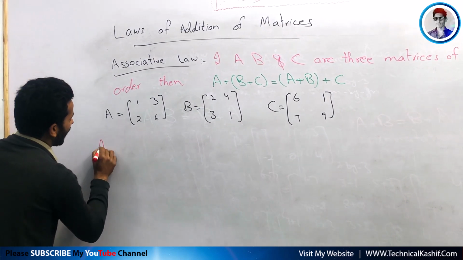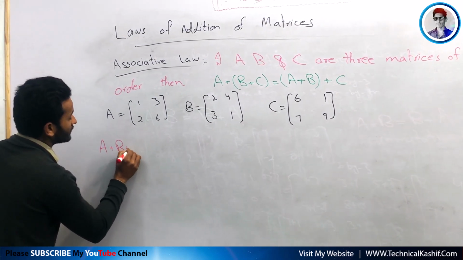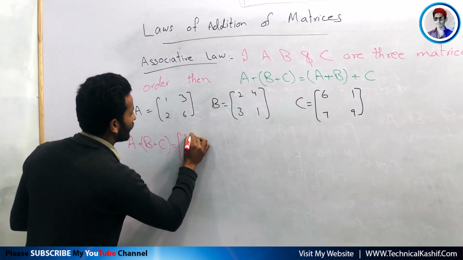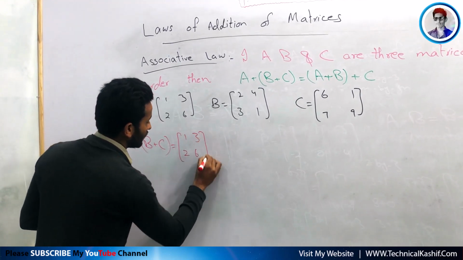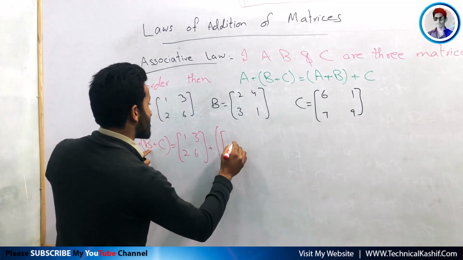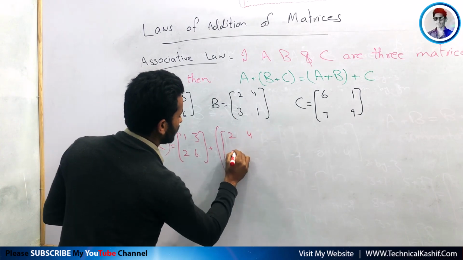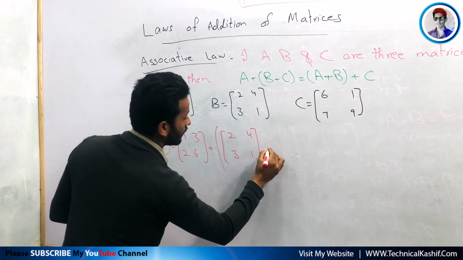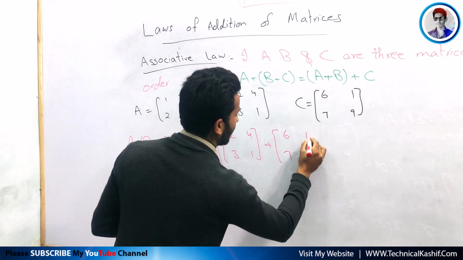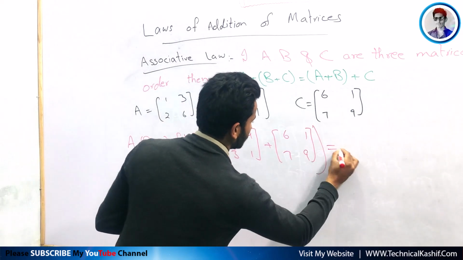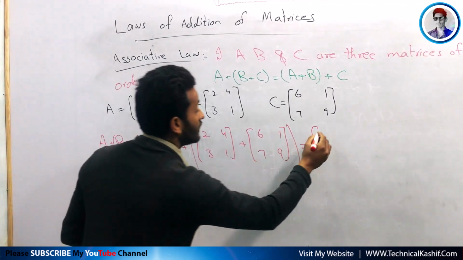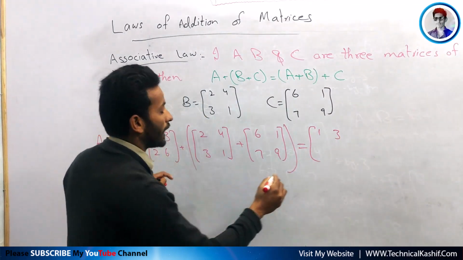First we find A plus (B plus C). We write A, [1, 3; 2, 6], plus B, [2, 4; 3, 1], plus C, [6, 1; 7, 9]. First we write A the same, [1, 3; 2, 6].